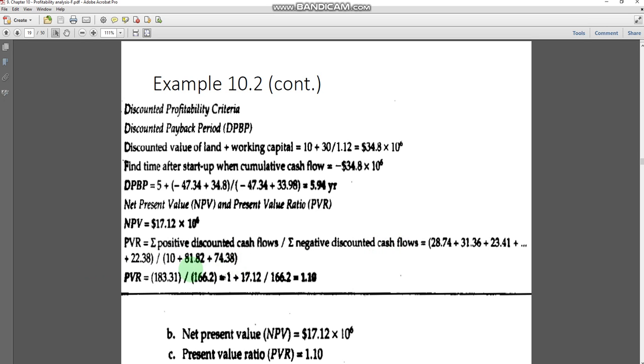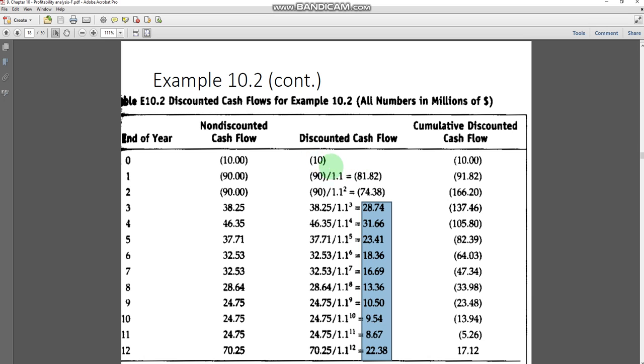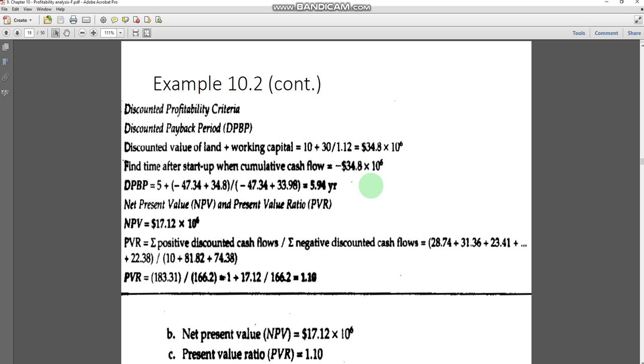These are the numbers, 10 plus 81 plus 74, which you can see here with the brackets. That will give you the discounted or present value ratio, and that ratio comes out to be 1.10. If the ratio is greater than 1, we have a solid basis to invest in this project, as it is more advantageous and can earn more money.